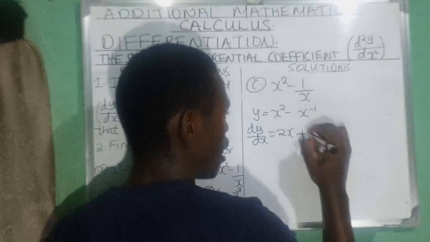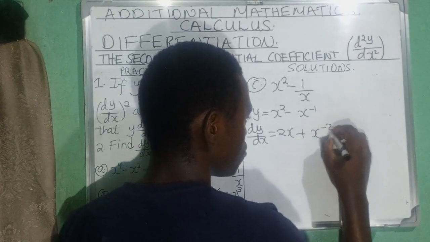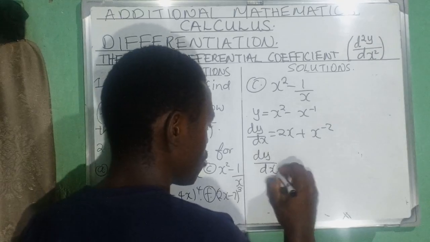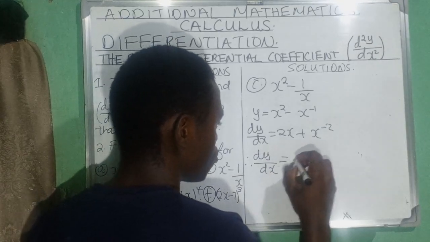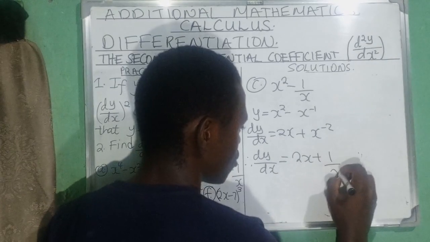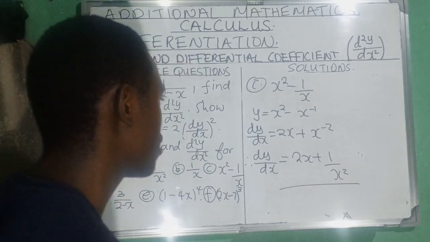Then it's going to be a plus x raised to the power negative 2. Then our dy/dx will therefore be equal to 2x plus 1 over x squared as your final answer. So that's your dy/dx.